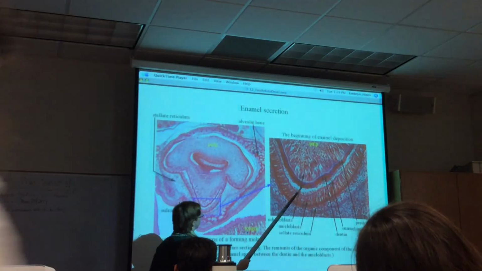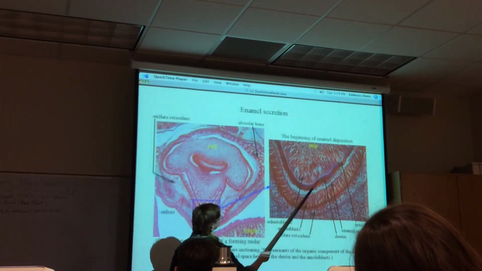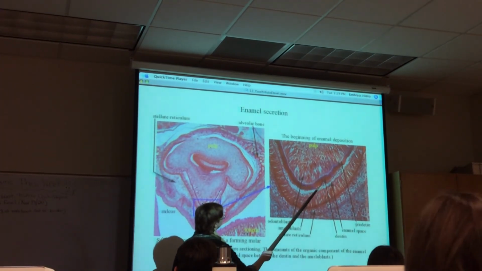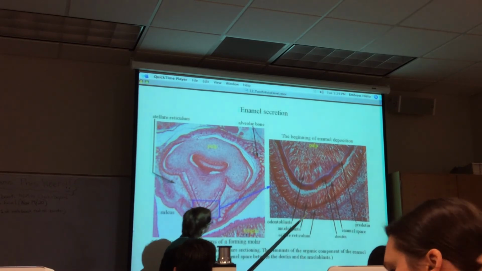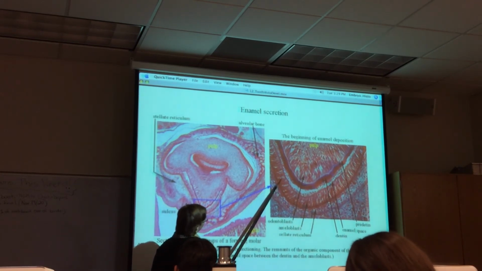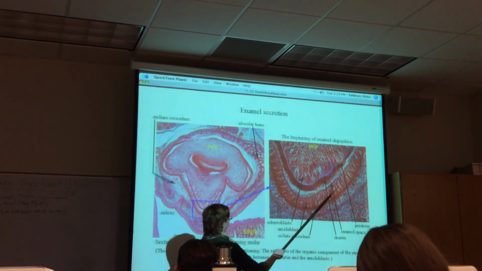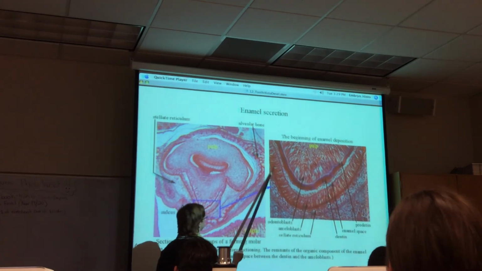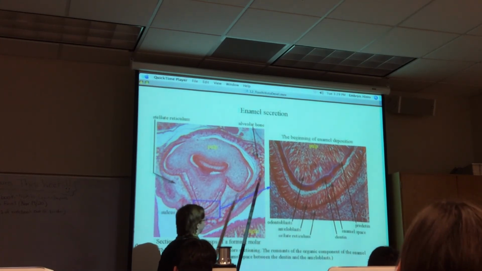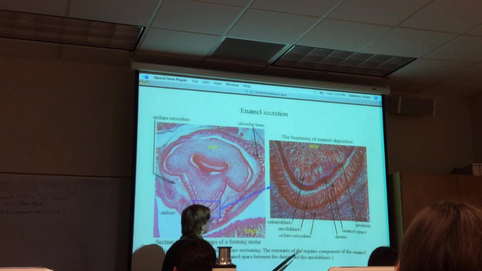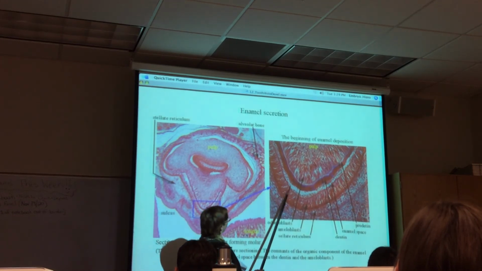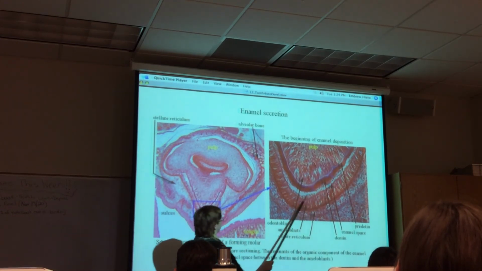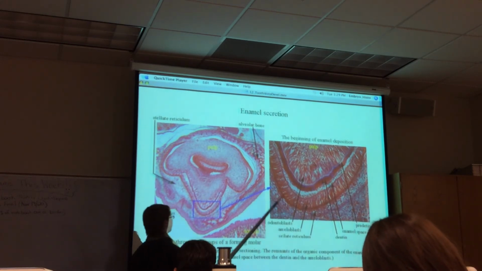And we can see some dentin or predentin has been secreted here in blue and are now formed dentin in red. And then of course we will have our lovely ameloblasts, because this tooth is more developed, and they're going to be secreting enamel to keep the teeth strong. And then you can also have an enamel space in between dentin and ameloblast.